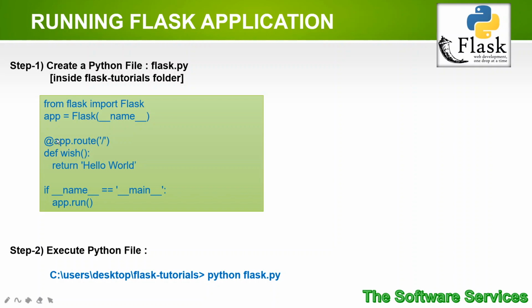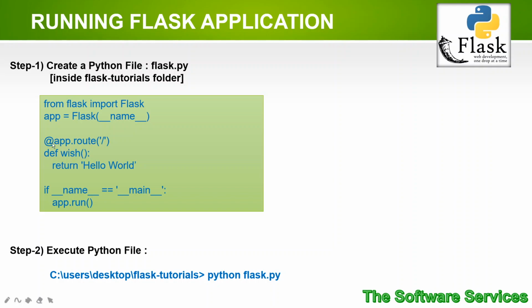Then after that, inside that Flask class we have one route decorator. So what is a decorator? The fundamental theory behind the decorator is that it will add additional functionality to the function which is defined under it.